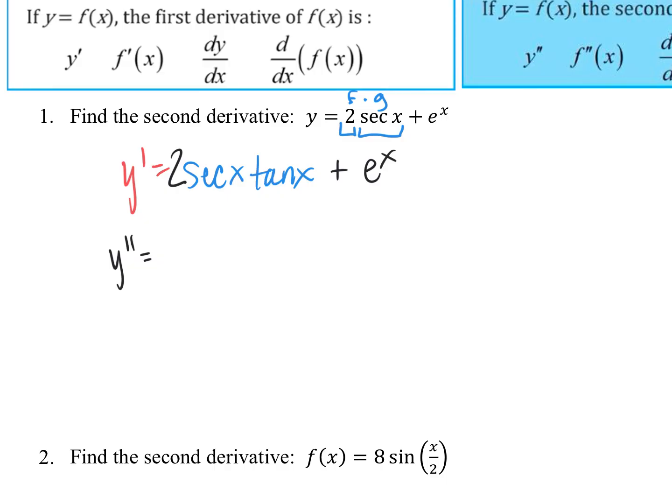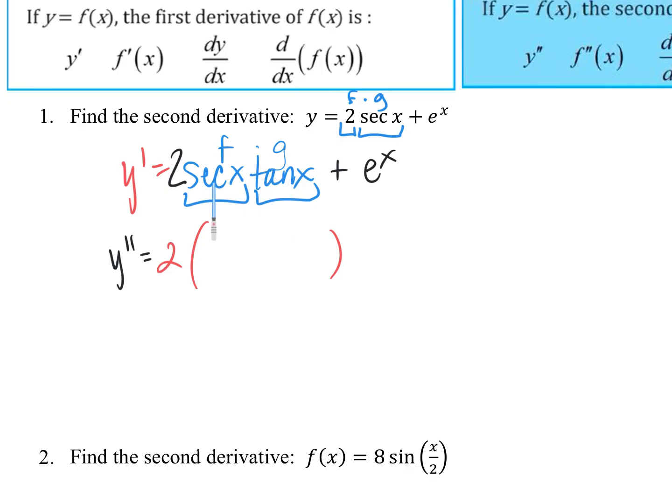Now, could I make this whole thing my f function? I could say 2 secant could just be the f function, or if that 2 is stressing you out, that 2 could just be chilling, and then we could just say, this is my f, and this is my g. I think that might lead us to making the least amount of mistakes. Let's just leave 2, and then we're going to do f prime g plus f g prime, secant tangent.